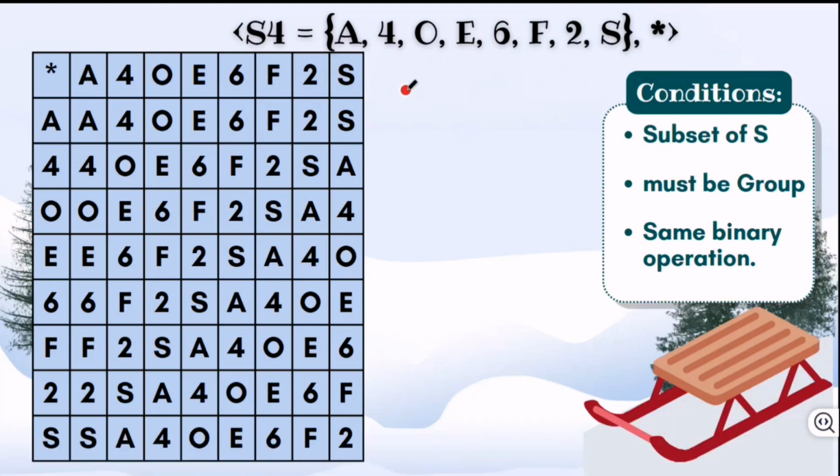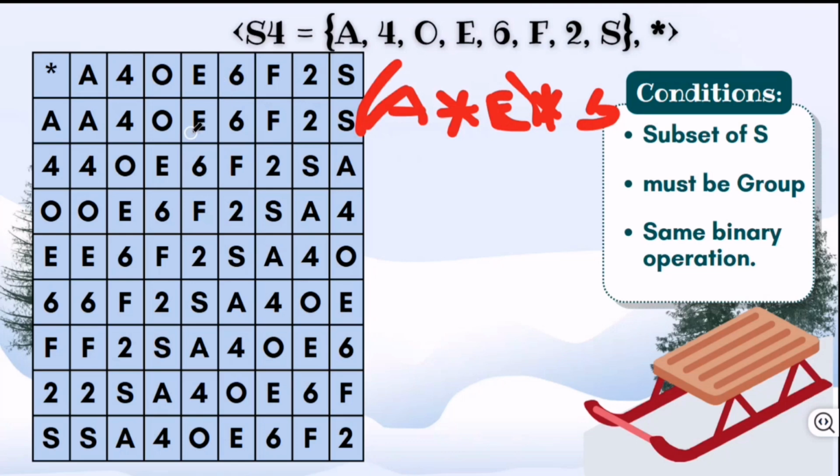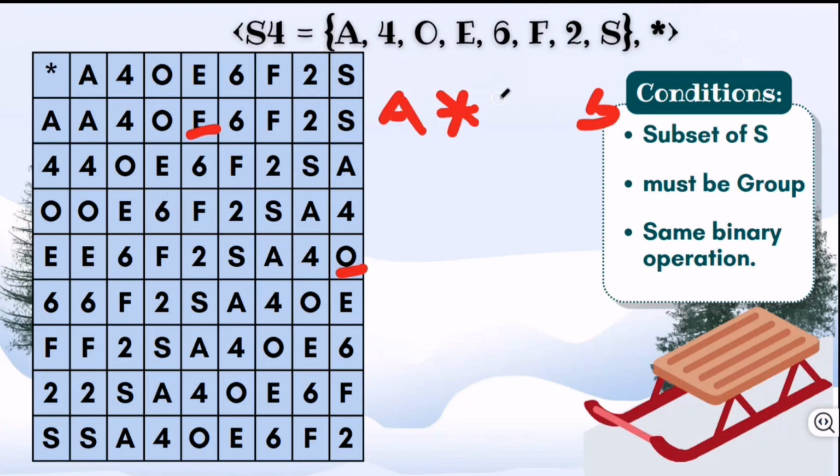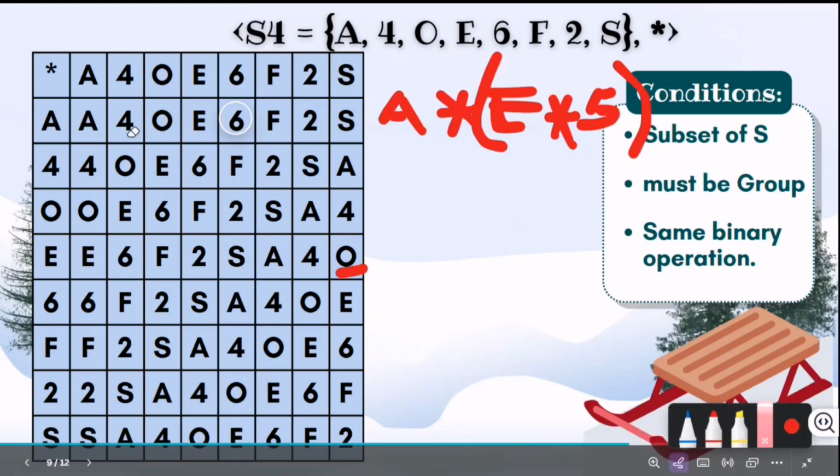We have, let's say, A star E star S. A star E is equal to E, and E star S is equal to O. Now, on the other side, E star S is equal to O, and A star O is equal to O. So O is equal to O. Therefore, it is associative.